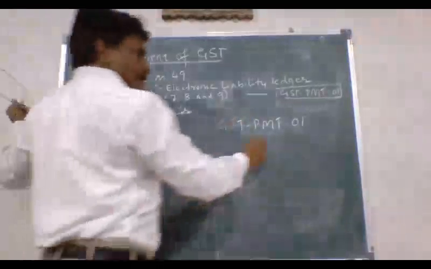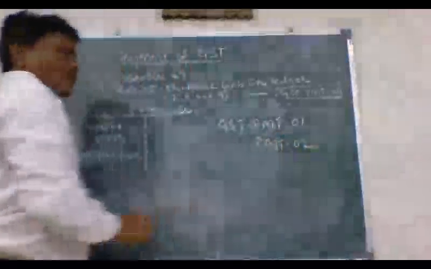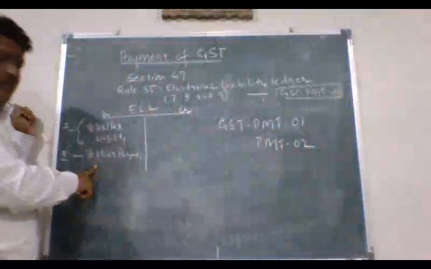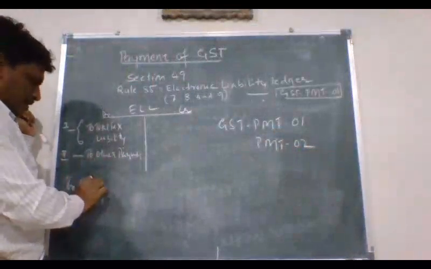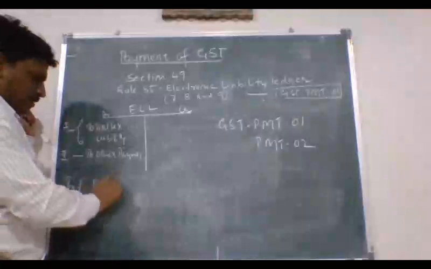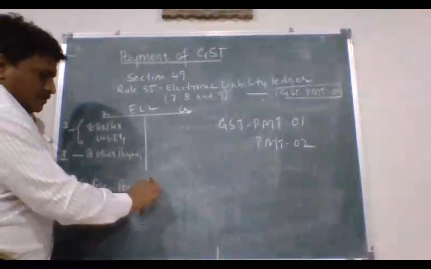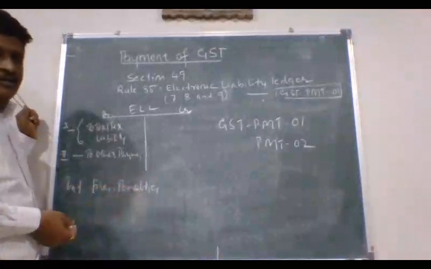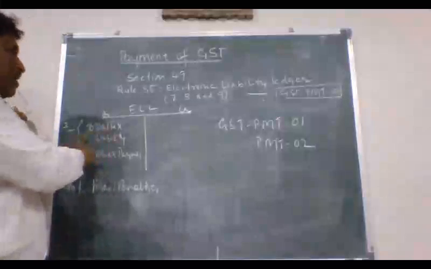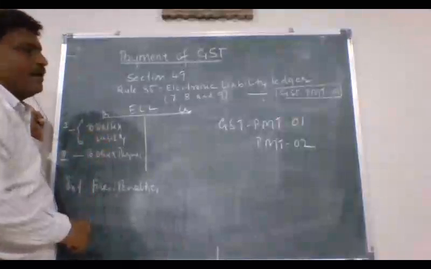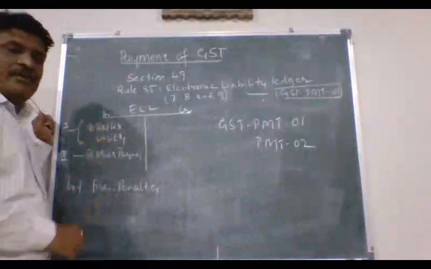Whereas in PMT 2, part 2, we are going to find other payments such as interest, fines, penalties, or any other recoveries. So in part 1 we are going to find the total tax liability, not the net tax liability. It is the total tax liability we are going to find.